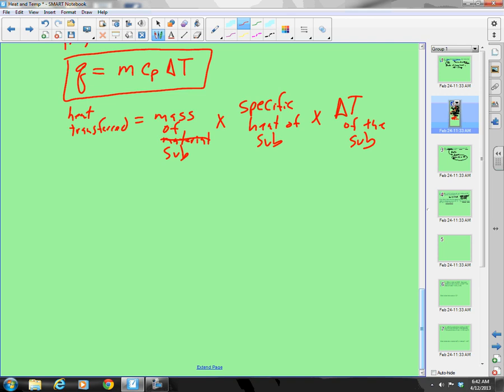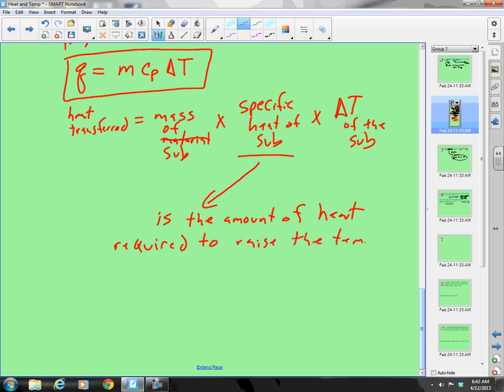We understand mass, we understand delta T, but what's this specific heat? Let me give you a definition. Specific heat is the amount of heat required to raise the temp of 1 gram of a substance 1 Kelvin, or 1 degree Celsius, right?